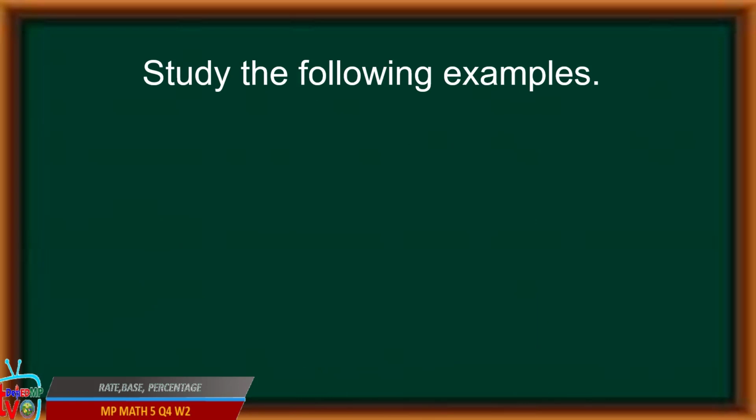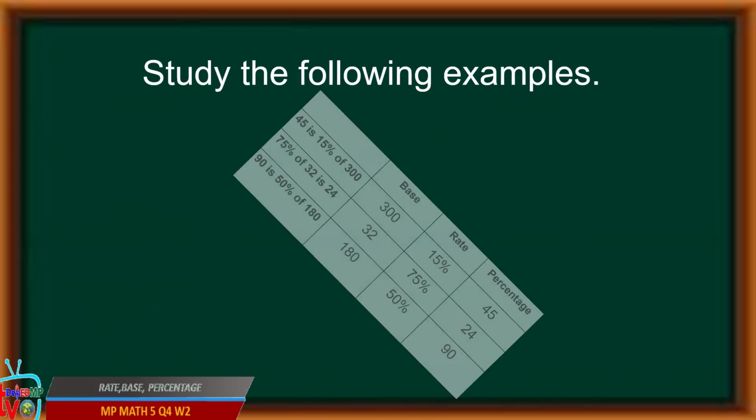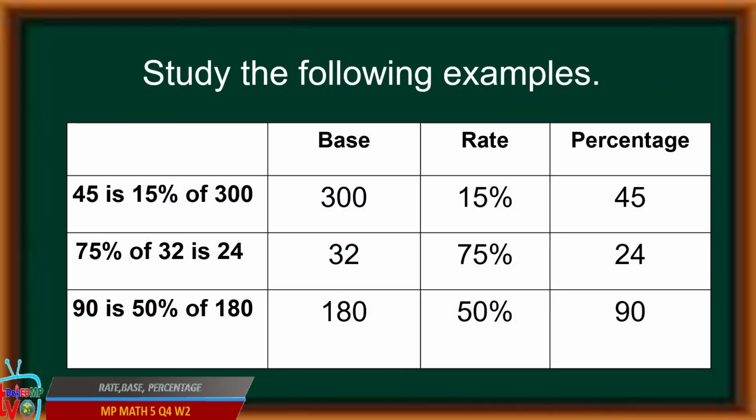Let us study the following examples. We have here base, rate, percentage. 45 is 15% of 300. The base is 300, the rate is 15%, and the percentage is 45. Next, 75% of 32 is 24.